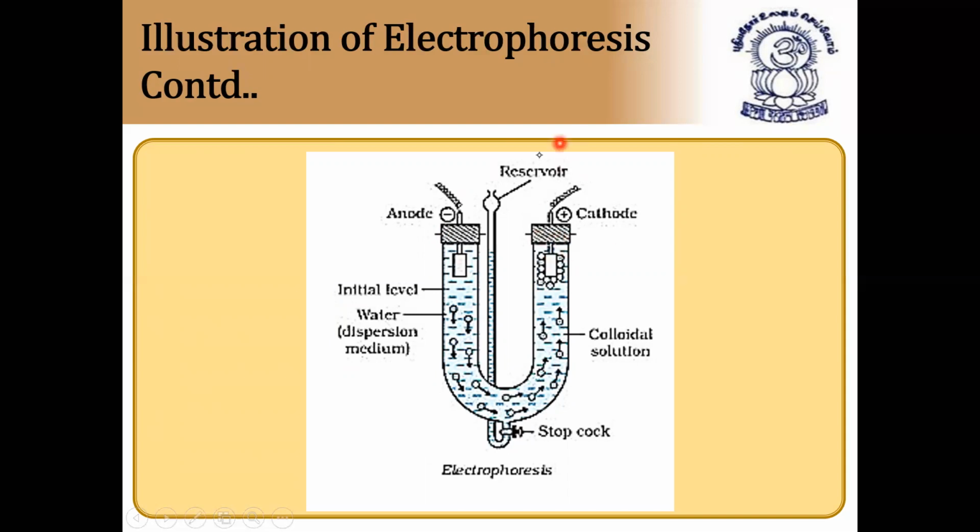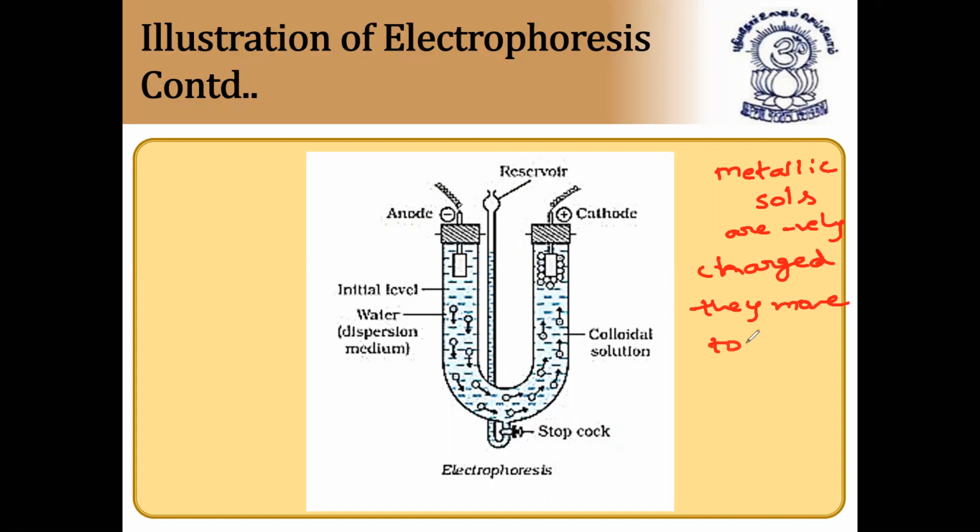For example, here I'll write a simple example. If we take metallic salts under electrophoresis, as metallic salts are negatively charged, they move towards the anode.